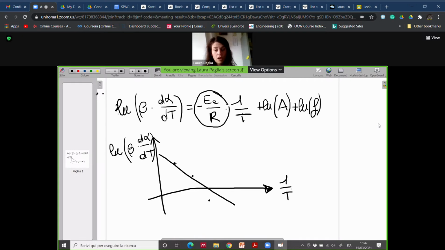And so, thanks to the evaluation of the angular coefficient, which is very simple, obviously, I can also have the value of the activation energy because R is the universal gas constant, so it's a value that we know. So I can calculate the value of the activation energy. This is a very simple method. You can observe that we have only applied the natural logarithm to the equation.